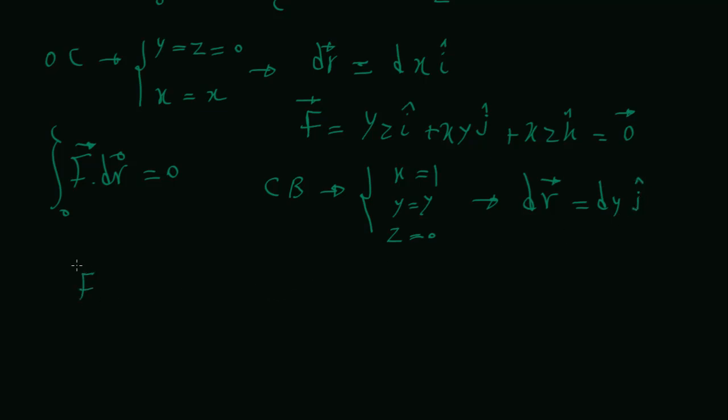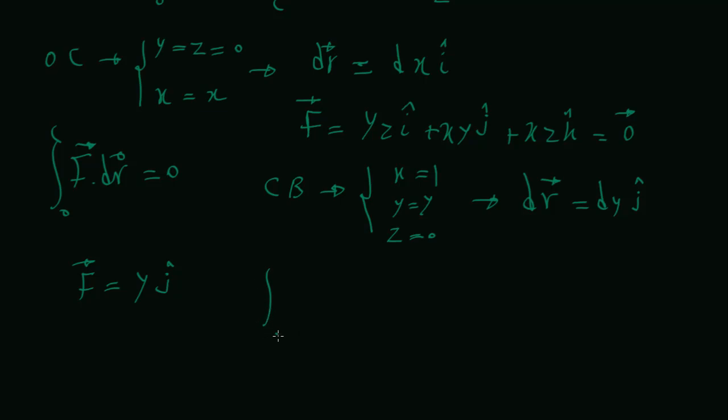For the force equation, we substitute z equal to 0, x equal to 1, and y equal to y itself. So this is 0 in the i direction, y in the j direction, plus xz, which is again 0, so just y in the j direction.